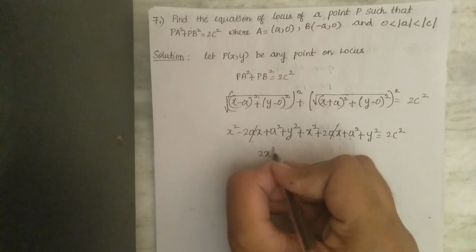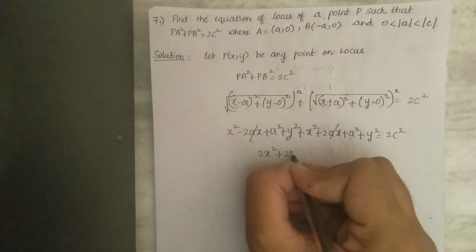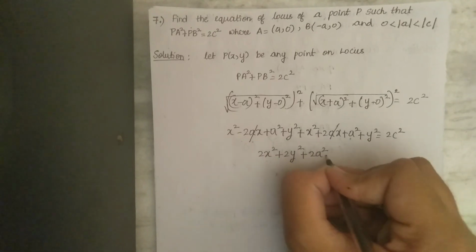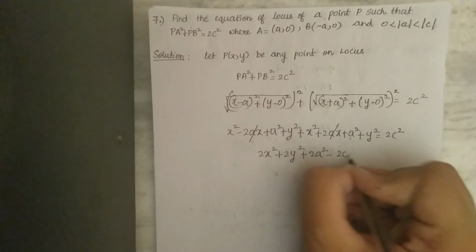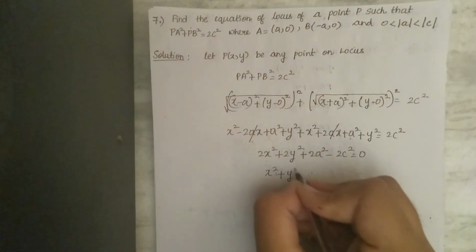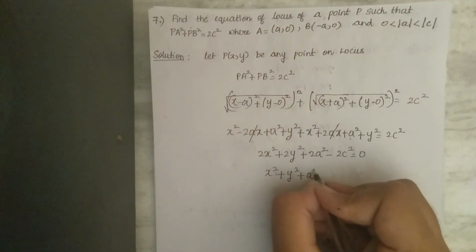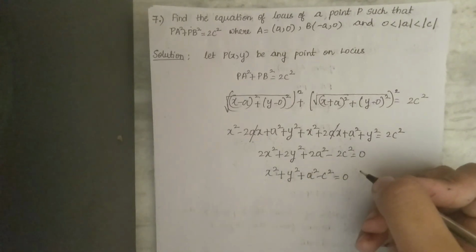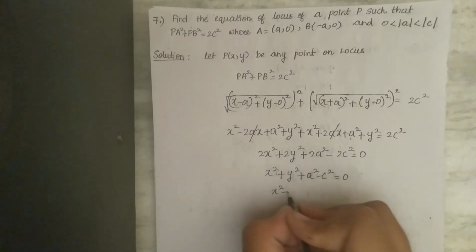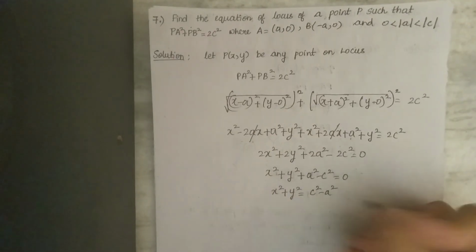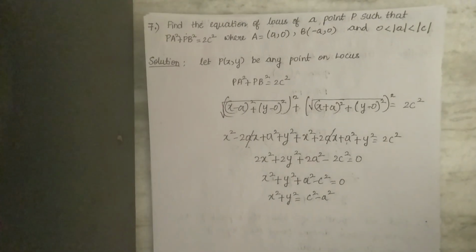Here 2x squares we have, and we have 2y squares, and we have 2a squares, and taking this 2c square this side, take 2 common and send that side. x square plus y square plus a square minus c square is equal to 0. So x square plus y square is equal to c square minus a square. This is the required equation of locus.